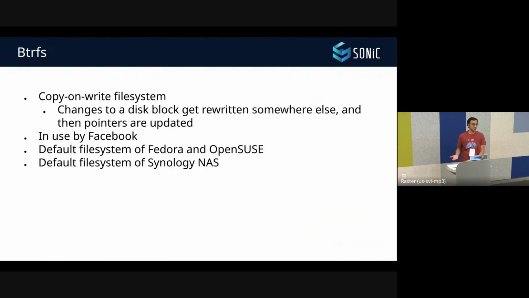So BTRFS is a copy on write file system, meaning if you make a change to some file, the file system will copy the file somewhere else on disk, and then change the pointers to that file in the directories to point to that new copy. So it doesn't modify what's already been written in place. It creates a copy of it.